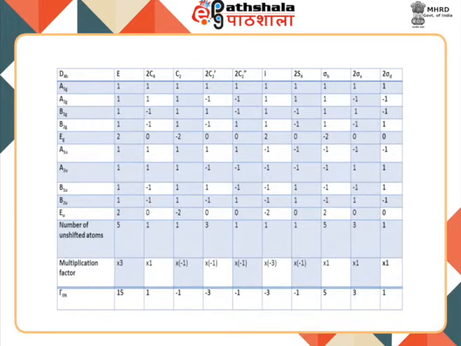Similarly, you can go for C2, which lies along the C4 axis. That also gives that the xenon atom is not shifted. If I take C2 along the diagonal, and C2 bisecting the opposite bonds, I am having C2 dash and C2 double dash. C2 dash is along the diagonal, so 3 atoms are not shifted. C2 double dash bisecting the opposite bonds, only one atom, that is xenon, is not shifted.